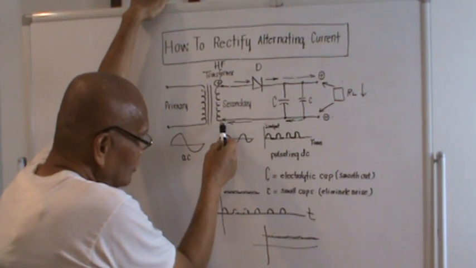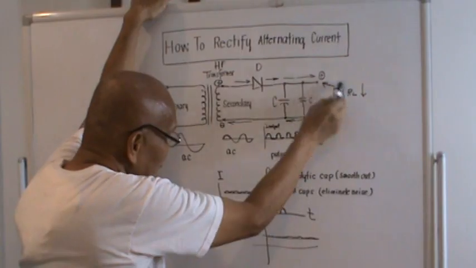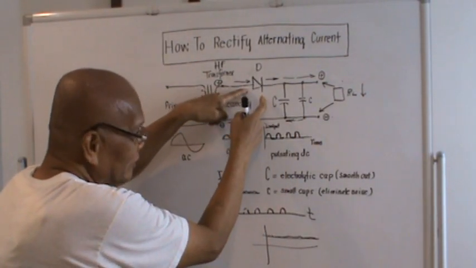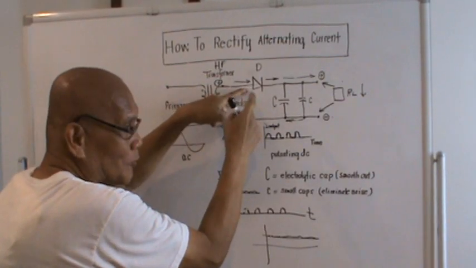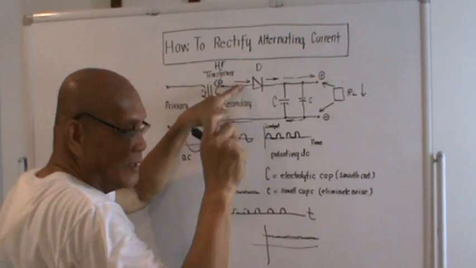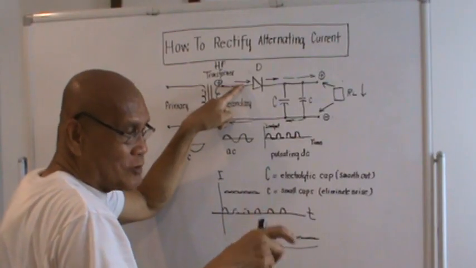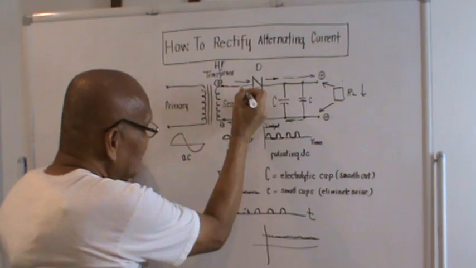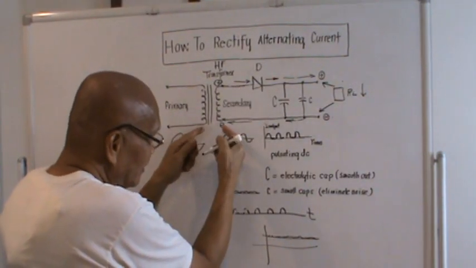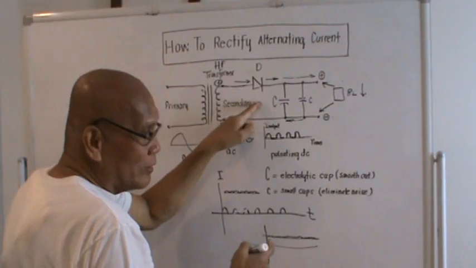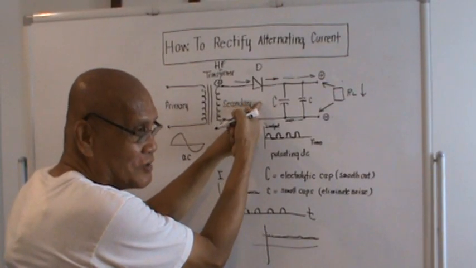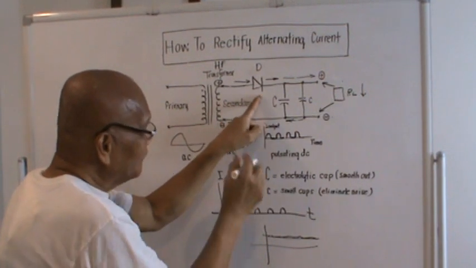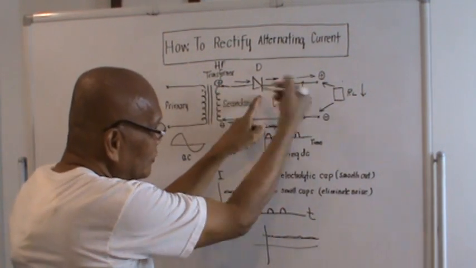During the negative alternation, the current will try to move like this, but it could not complete the circuit because the diode is actually obstructing the flow of current in the reverse direction, because a diode is supposed to pass only current in one direction. So during the negative alternation, the negative current is cut off by this diode because it is reverse biased. It is against the polarity of this diode here, because this diode will only pass current in this direction, not in this direction.